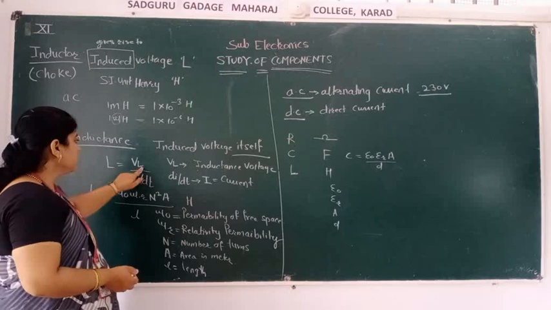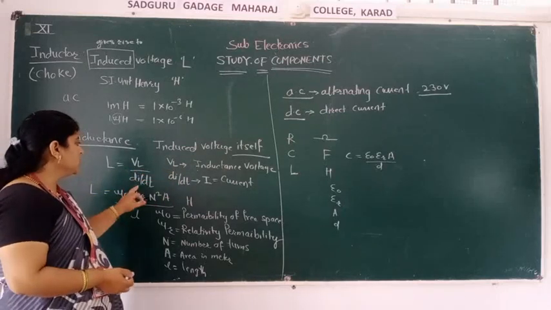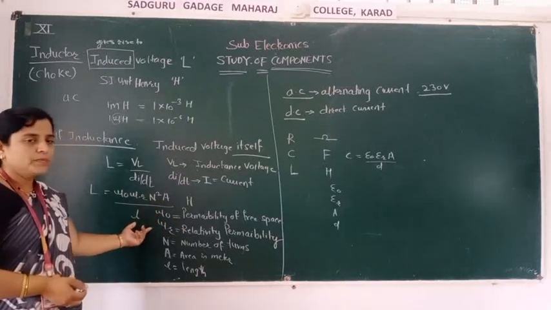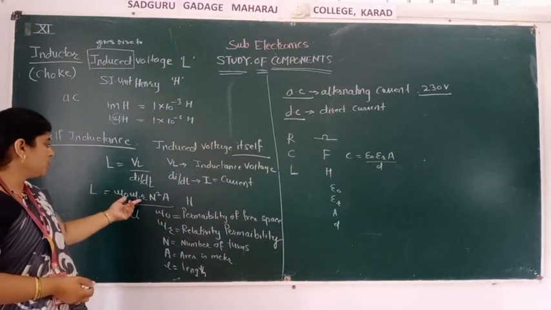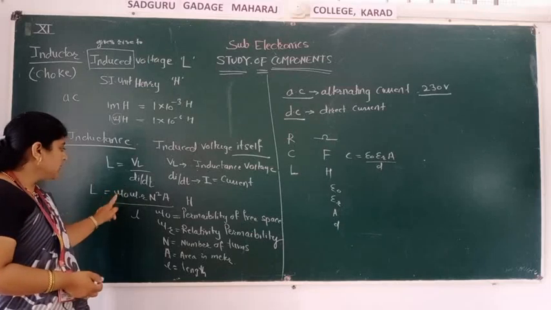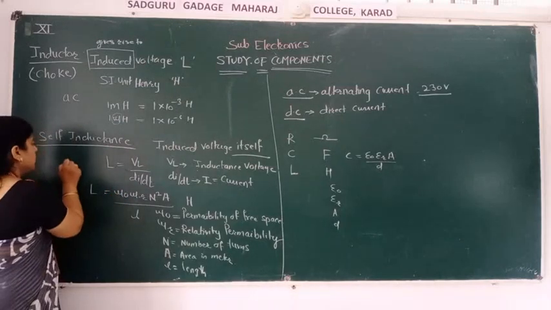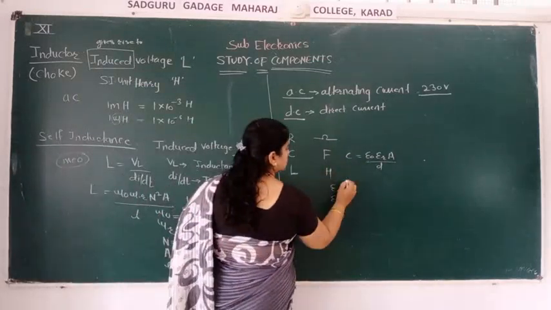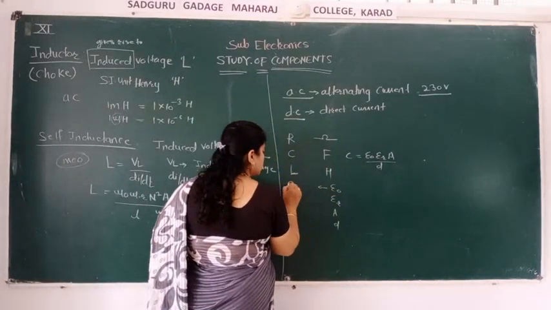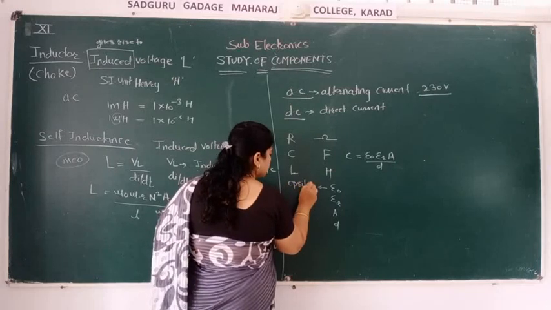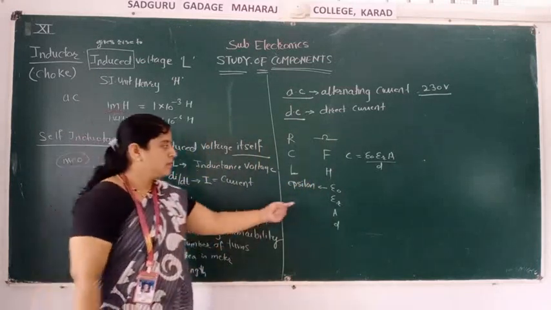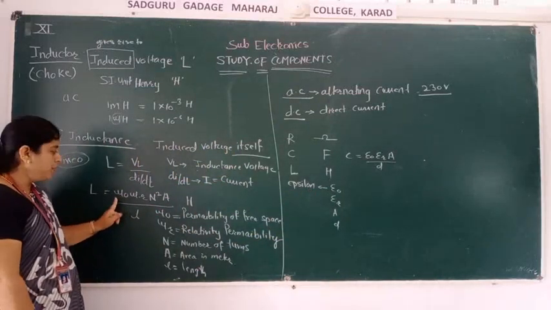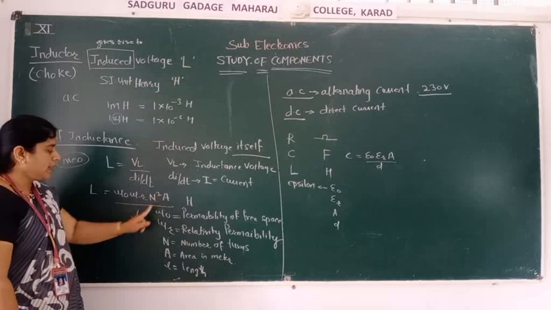So this VL is the inductance voltage, di by dt is nothing but the current, and it can also be written in this form, L is equal to mu 0 mu r N squared A upon l. You can read this symbol as mu, and this is epsilon.